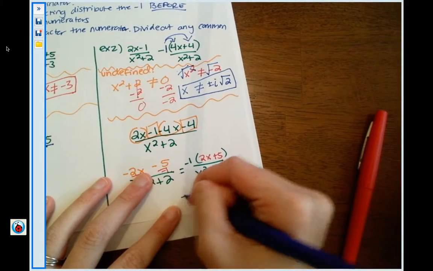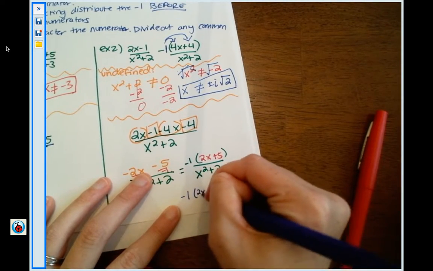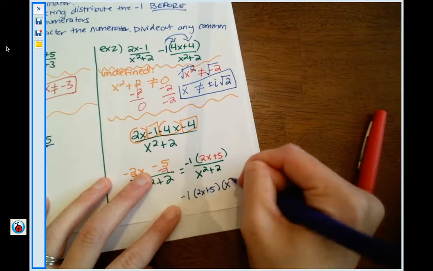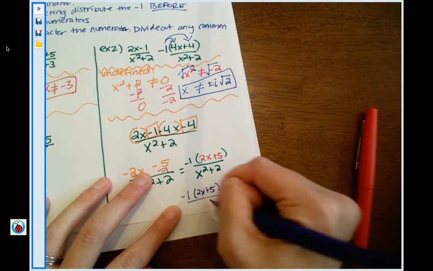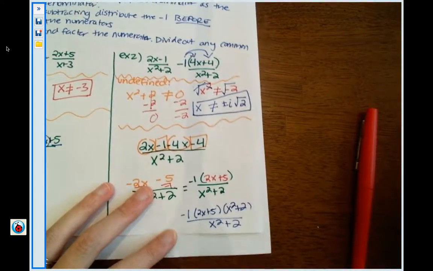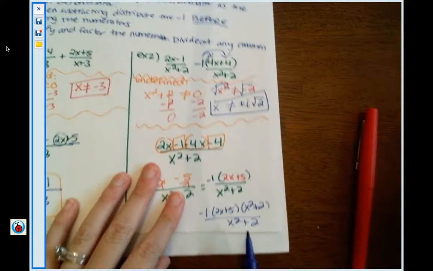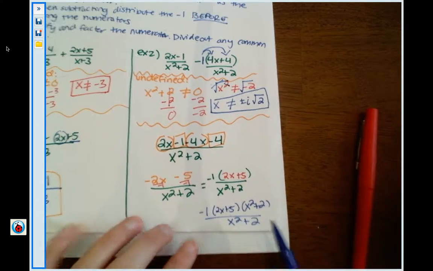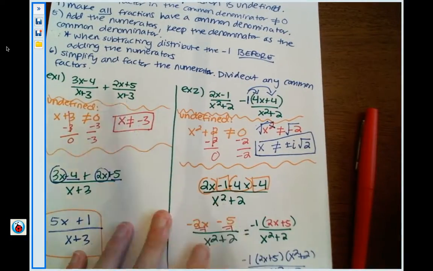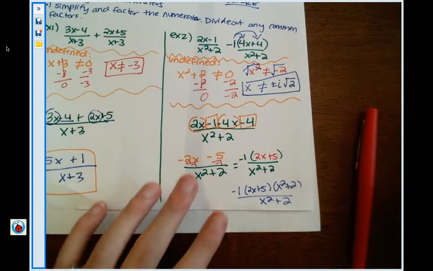Now, this is not a part of the problem, but let's say we had negative 1 times 2x plus 5. Say we factored and we ended up with something like this. Okay, so we factored and we got this. Say that happened. This didn't actually happen, but I just want to prove a point. If this happens, again, it says to divide out any common factors after you factor the numerator.